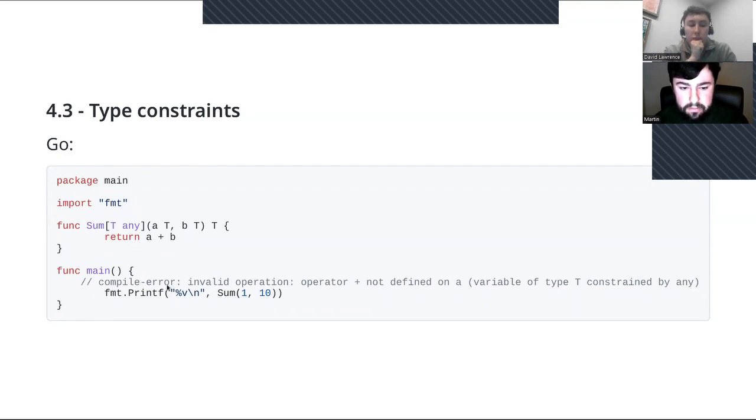So the compile error will show that the operator plus is not defined, because I cannot guarantee that that operator has been implemented for A and B when there could be anything. It can't guarantee that, so it doesn't even try to guess anything.